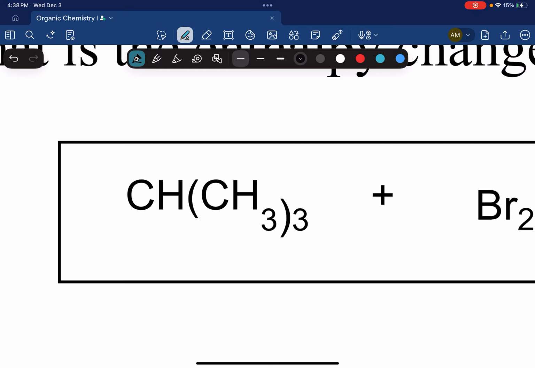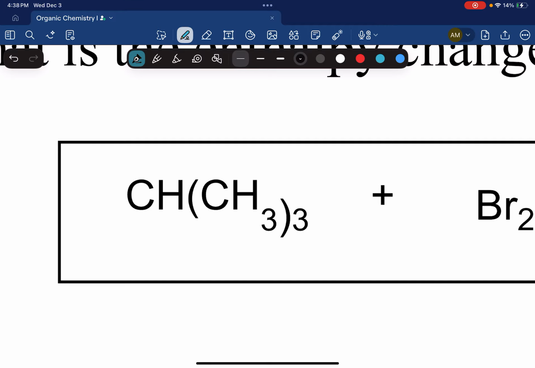So let's look at the energy it takes to break a CH bond. We're going to look at our RH bonds. Look at the 5th one in our RH bonds.